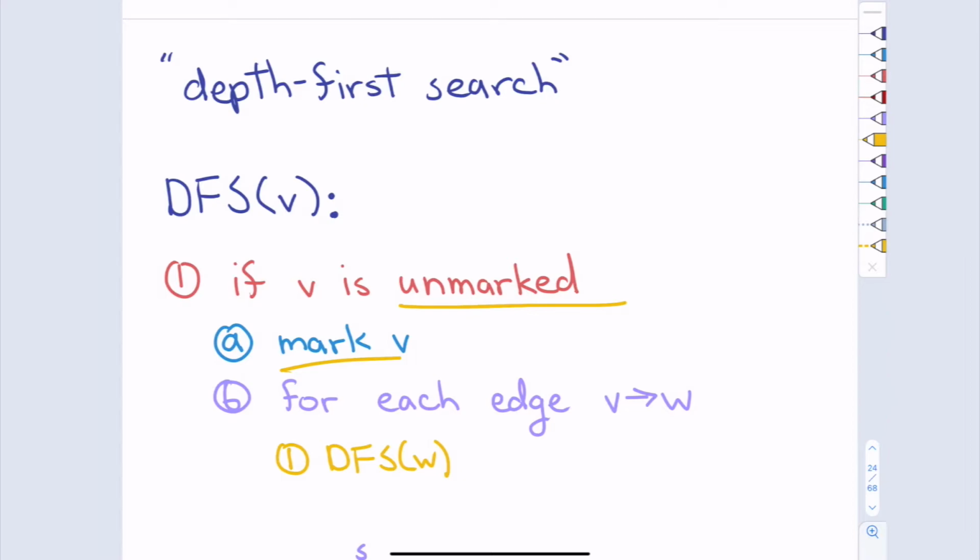If I haven't, the first thing I do is mark it, because now I'm here. Then I'll explore the edges. Simple enough. But once a vertex is marked, I'm going to exit right away. So I'm already killing off all the infinite loops. I never really visit the same vertex twice.